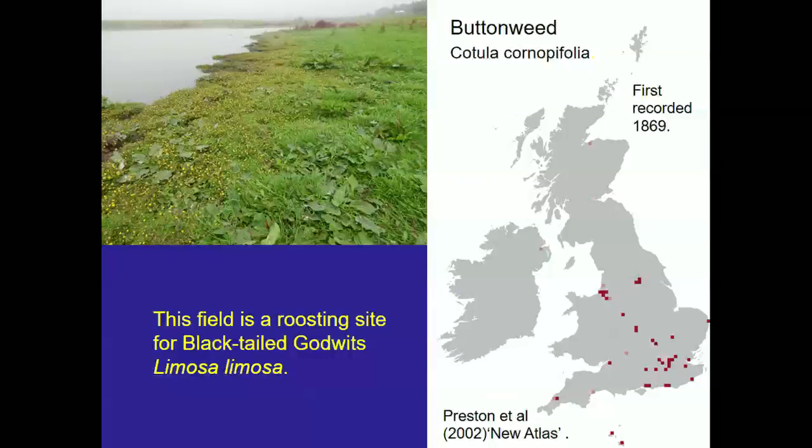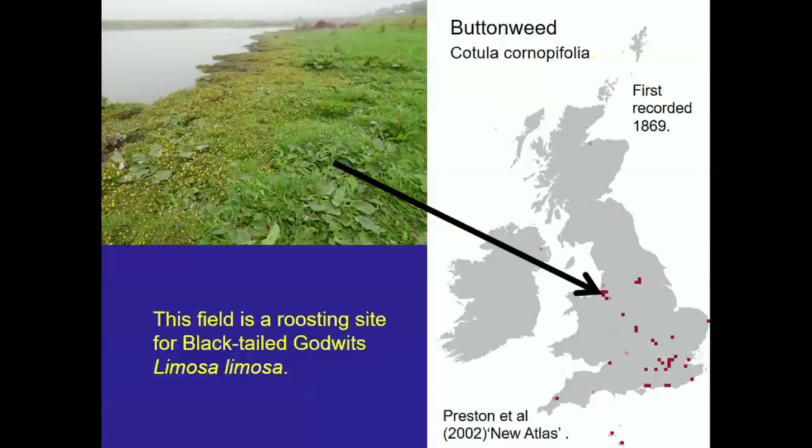So up the top here we have buttonweed on the Wirral, and the field at the top there is a roosting site for black-tailed godwits. You can see the distribution of buttonweed across Britain from the BSBI's New Atlas of 2002. And there's the Wirral, one of the centres of it in this country.